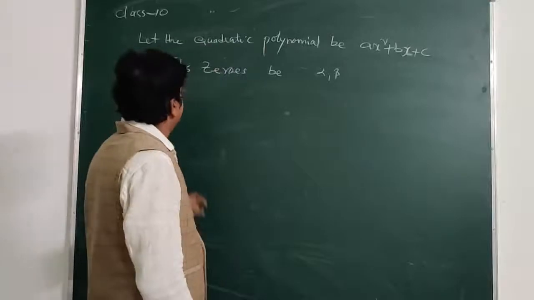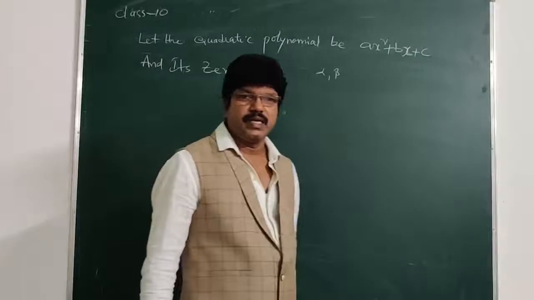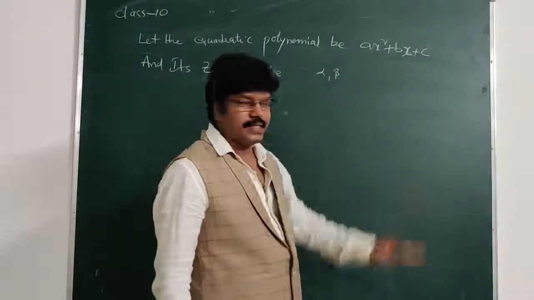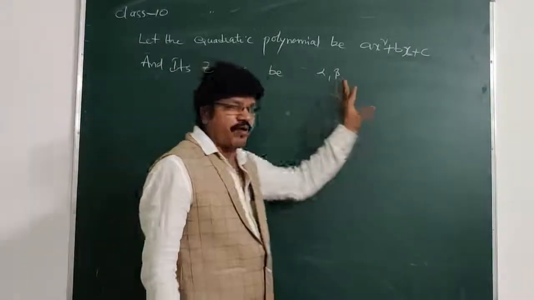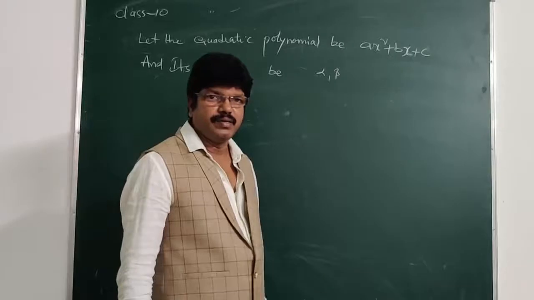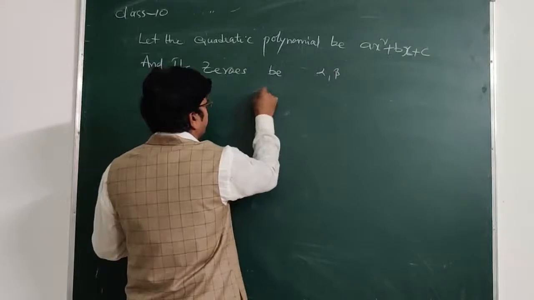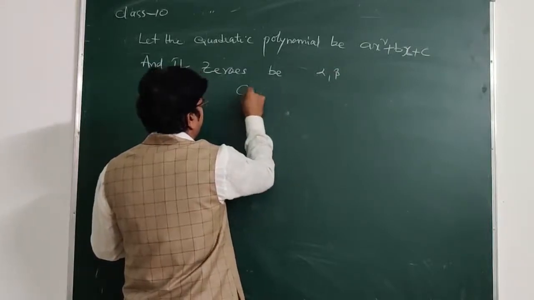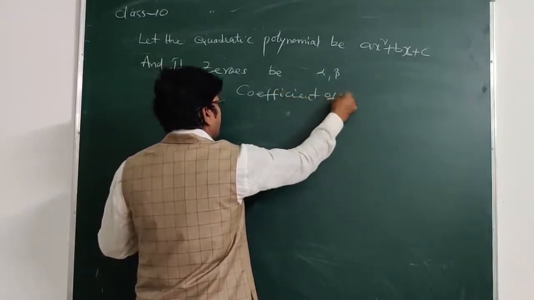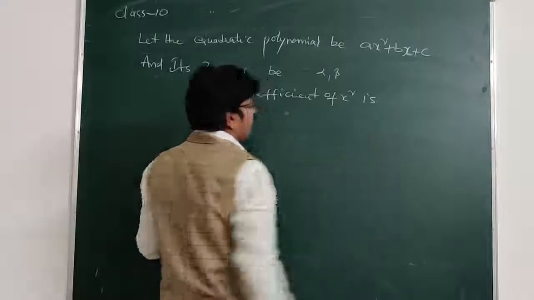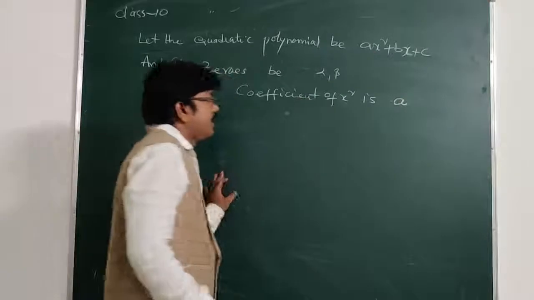Here, let the quadratic polynomial be ax square plus bx plus c in general, and its zeros be alpha and beta. What is the x square coefficient here? Coefficient of x square is a.